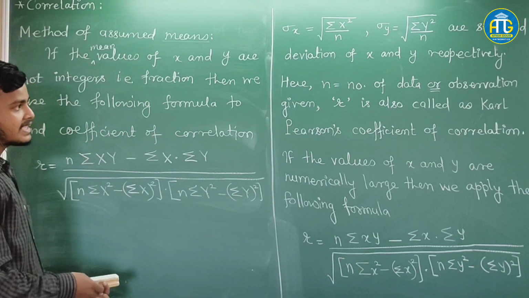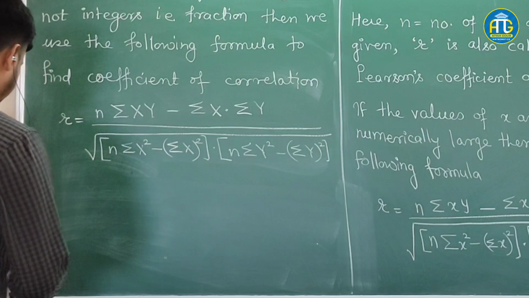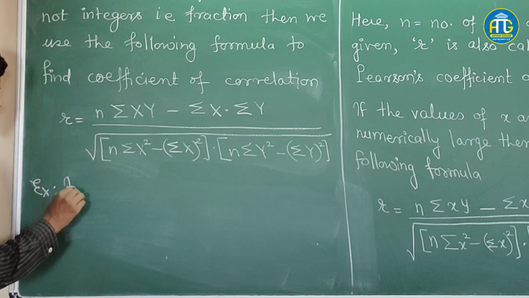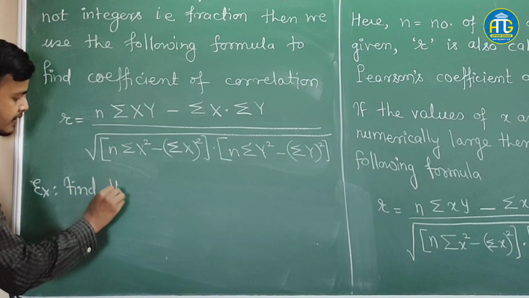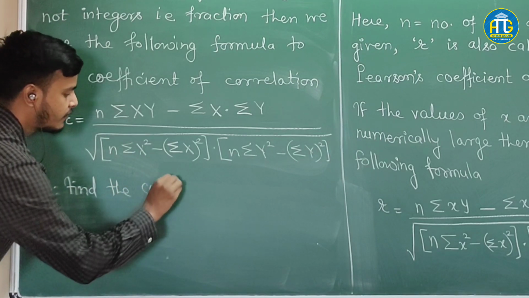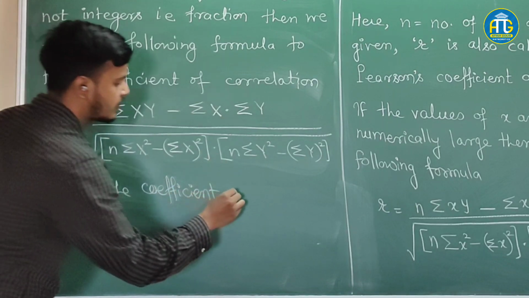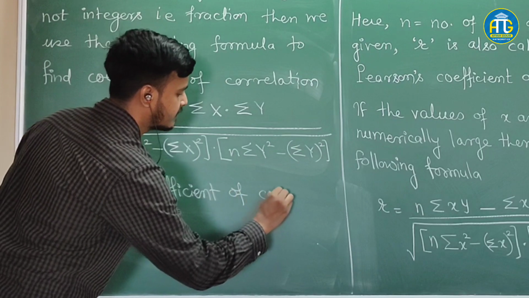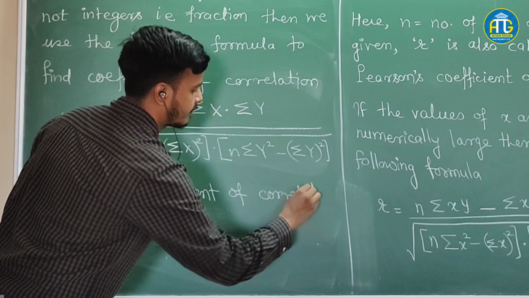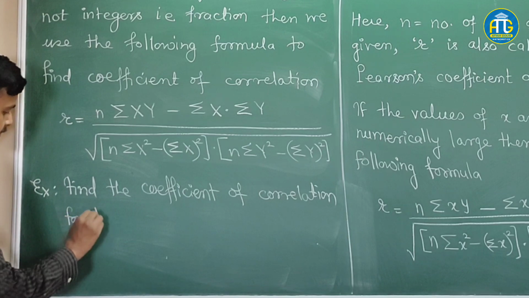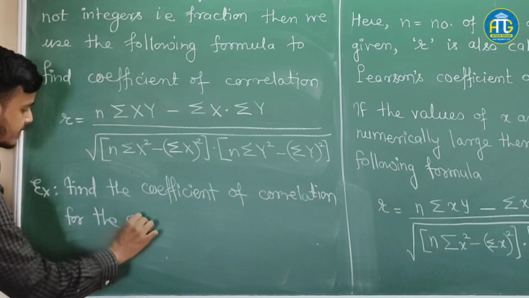Now let us take an example. Example 1: Find the coefficient of correlation for the given data.